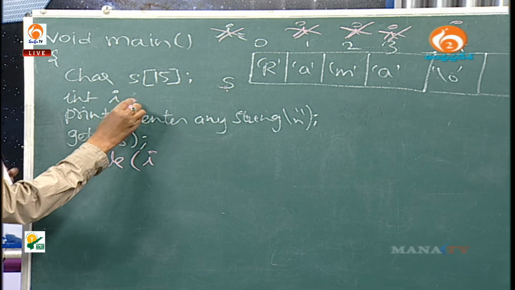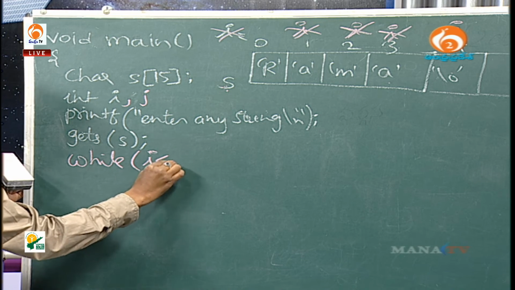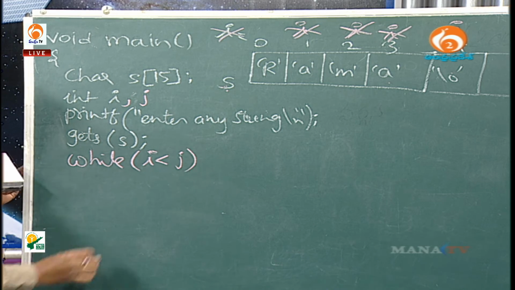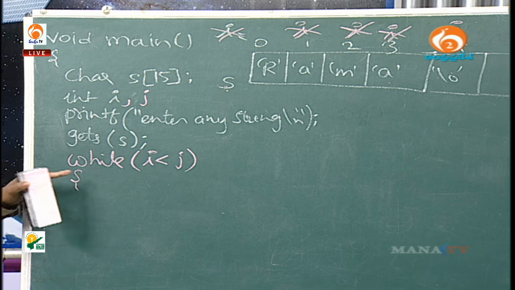Here we need another variable j. Okay. For while I is less than j.